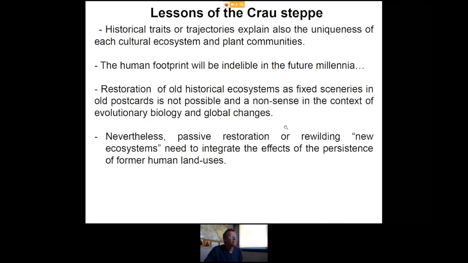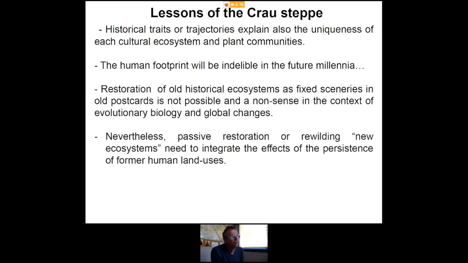Nevertheless, it means that our study shows that we will still need historical ecology studies, because even if we choose to have passive restoration or just reviving this new ecosystem, if we want to understand clearly the potential evolution of this new ecosystem, the impact of rewilding action, or passive restoration, to do nothing, we need to integrate the effect of the persistence of former human land use.